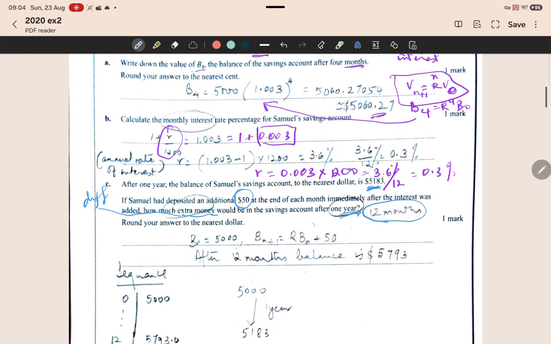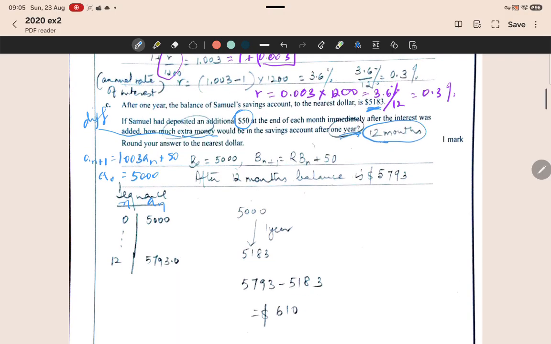each month. And you can do that on the sequence tab by just putting in a(n+1) is equal to R times, this is 1.003, a(n) plus 50, and a(0) being your starting value of 5,000, and you would get a value after 12 months, which will be 5,793.